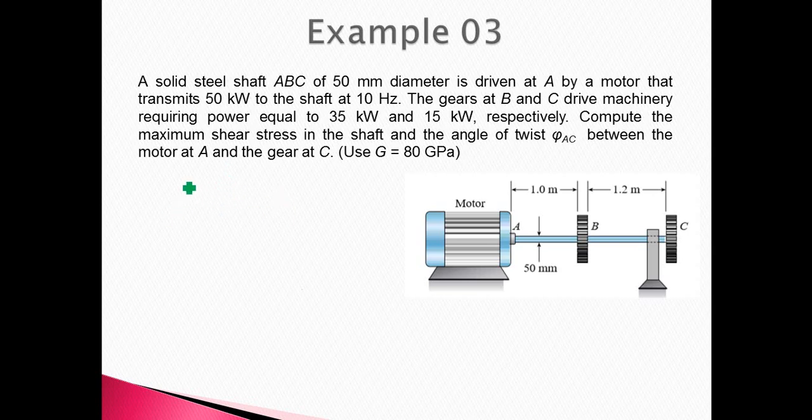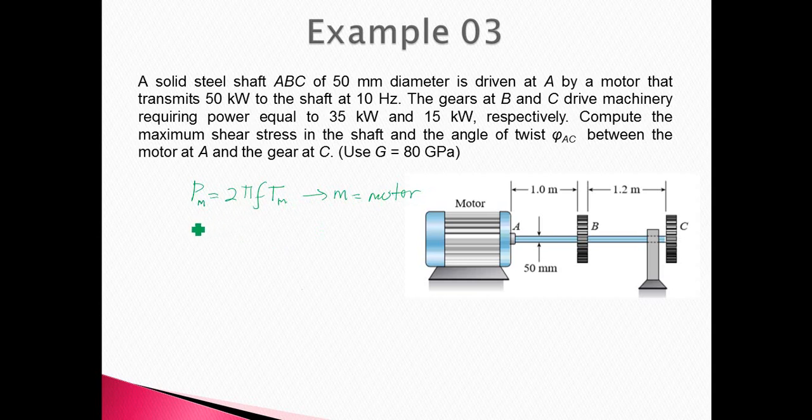So we have the equation of the power P equal to 2 pi f T. So we are going to convert the power from the motor, so I put here PM and also TM. Okay, so M stands for motor.